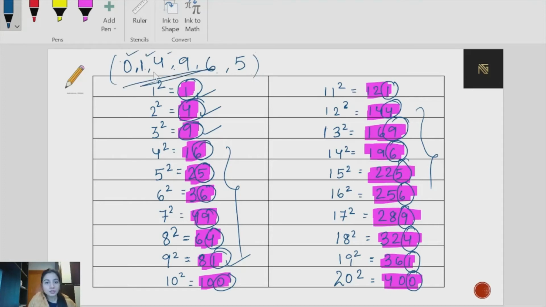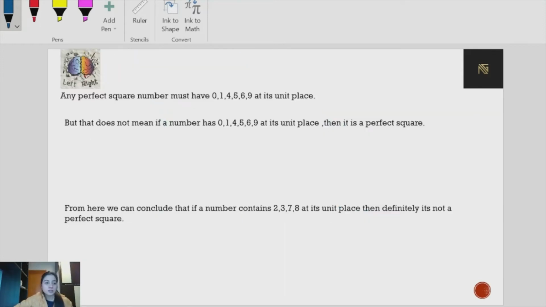It can be 0, 1, 4, 9, 6 or 5. So what we can conclude from here? Any perfect square number must have 0, 1, 4, 5, 6, 9 at its unit place.